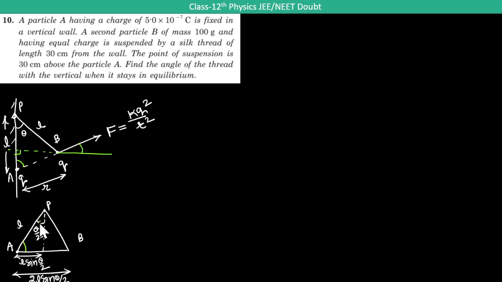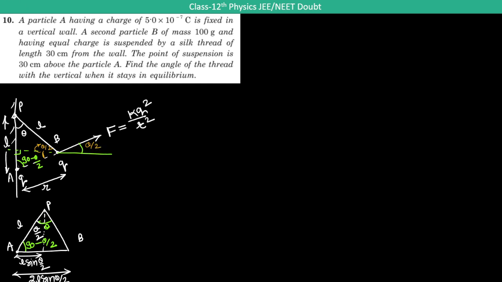This total complete angle is theta, and the total sum is 180, and these two angles are equal, so this angle will be 90 minus theta by 2. I am plotting this next angle in yellow color. This angle should be theta by 2. So this is also theta by 2.